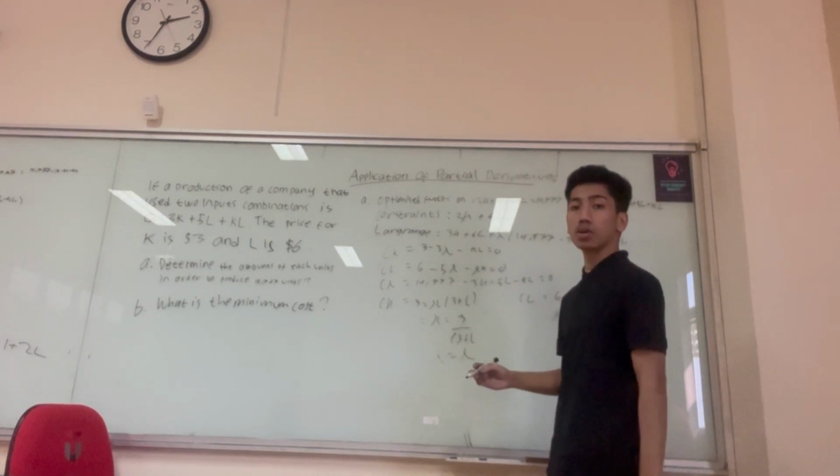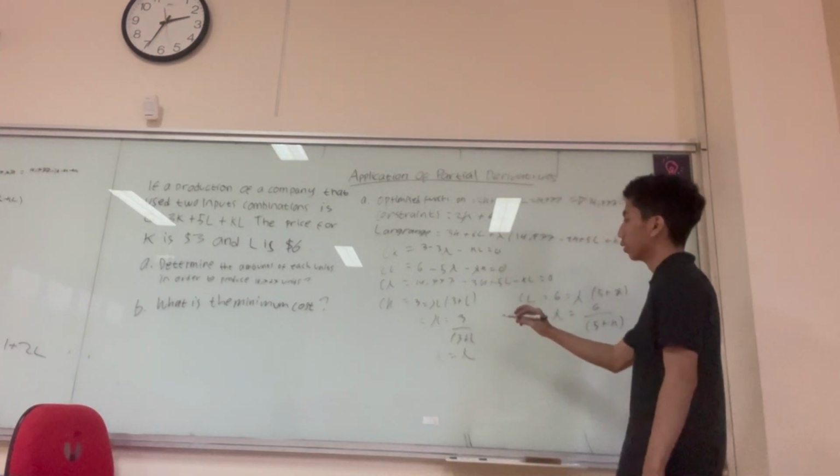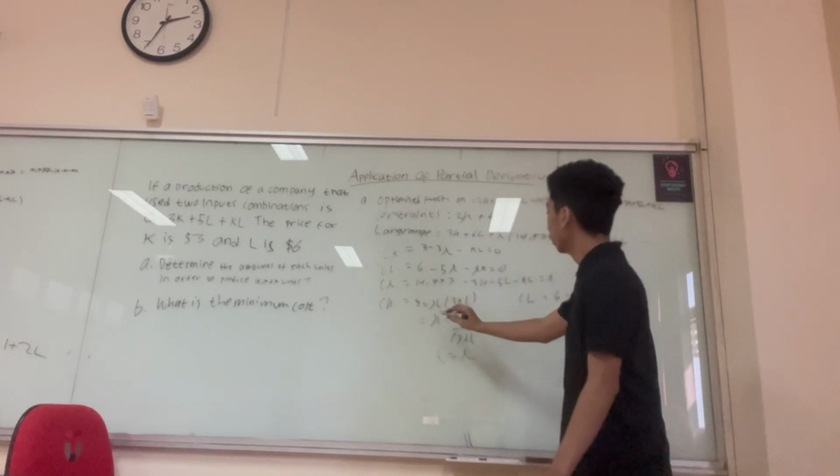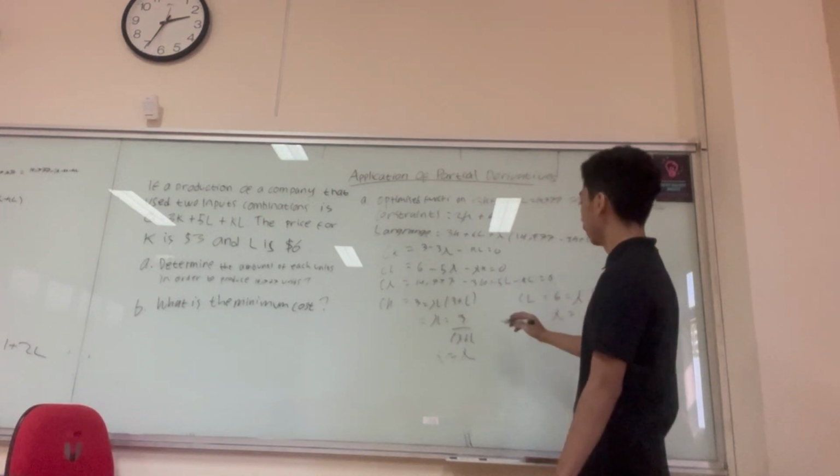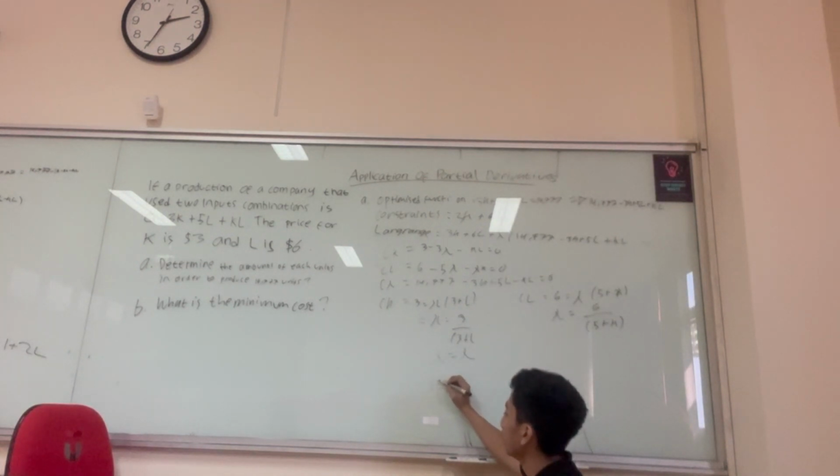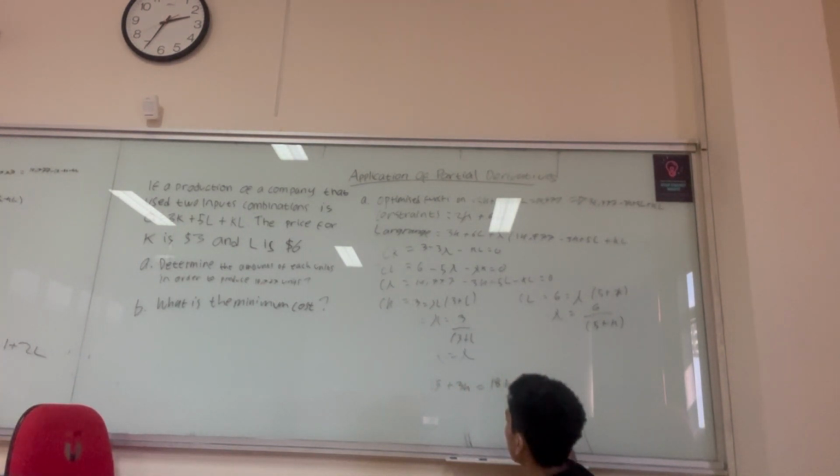So we can use cross multiplication. So 3 times 5 equals 15 plus 3K equals 18 plus 6L, or 3K over 3 equals 3 plus 6L over 3.